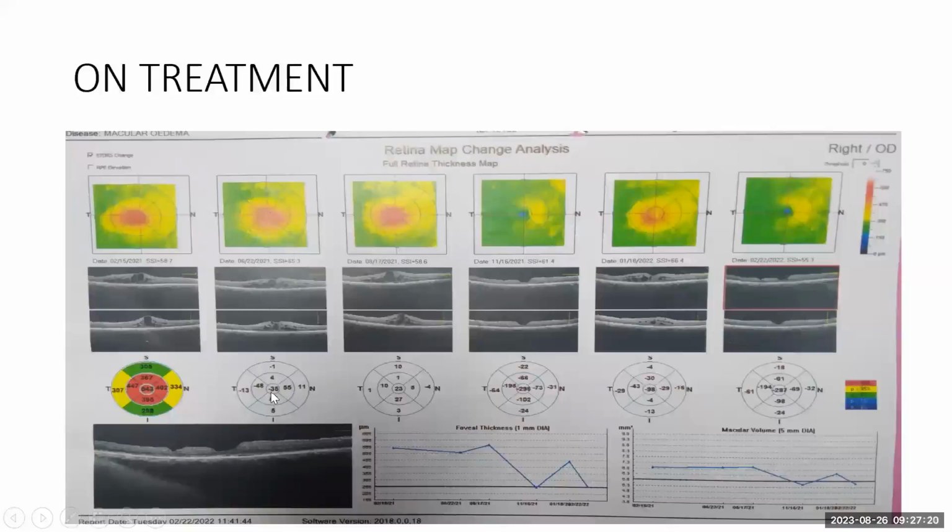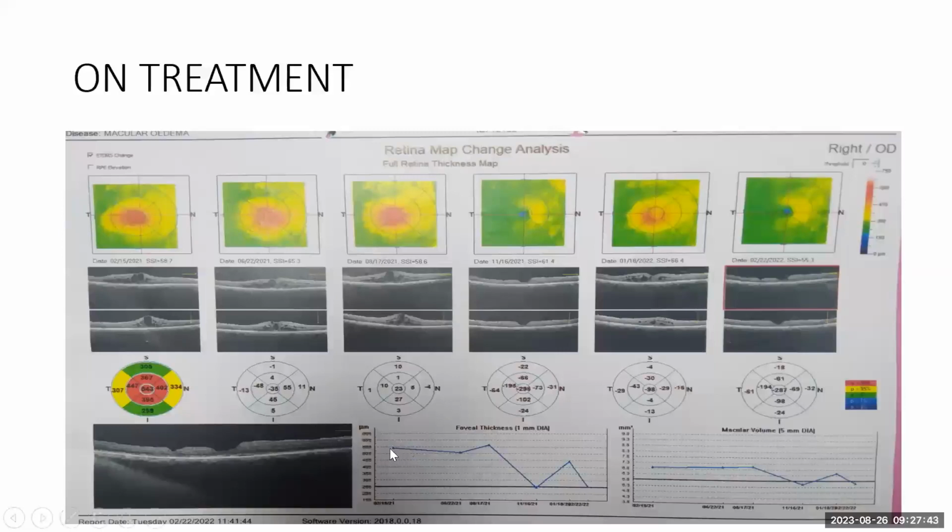If you look closely where I'm pointing, you see minus 35, you see minus 48. The algorithm keeps comparing each scan to the previous scan. If you follow this and come to the map I'm showing you now, this is a foveal thickness map, this is a macular volume map.